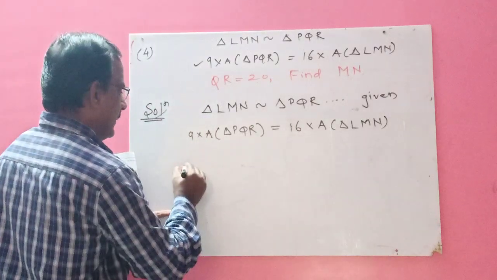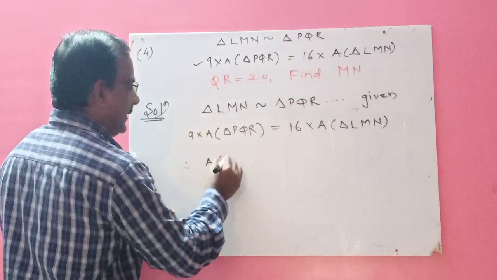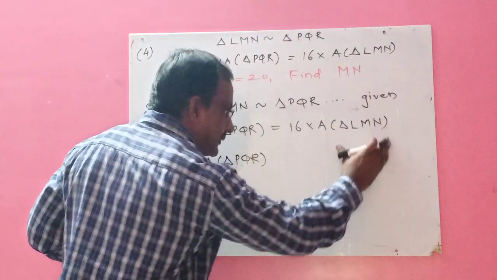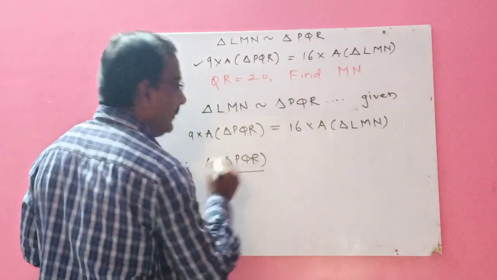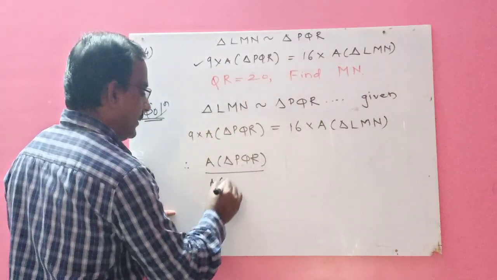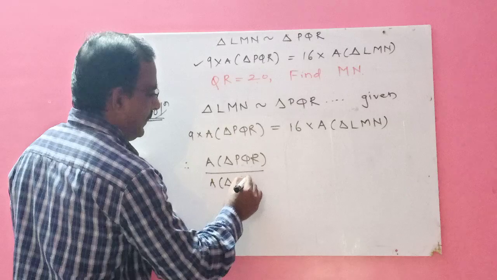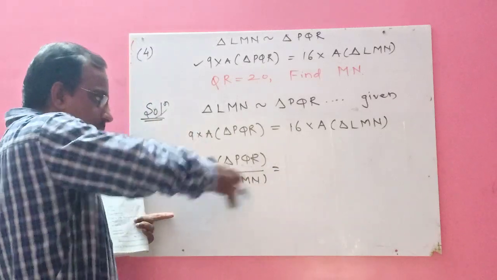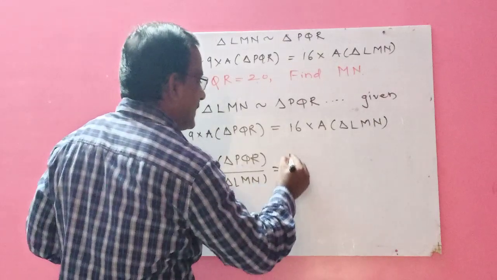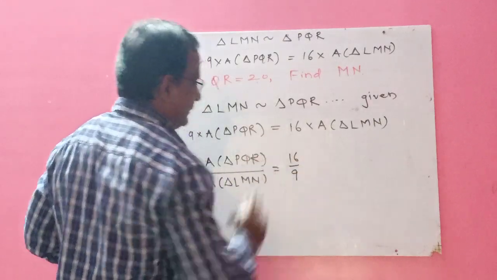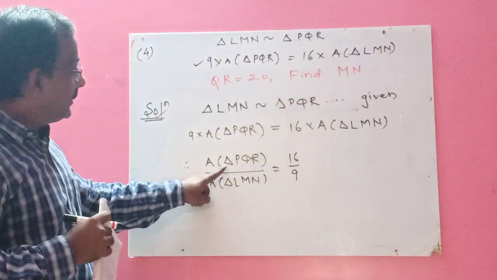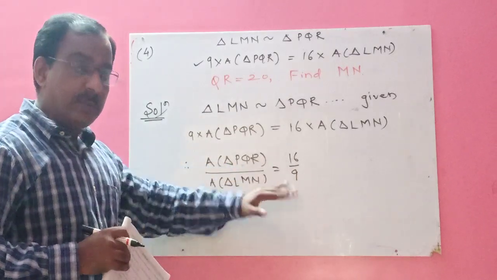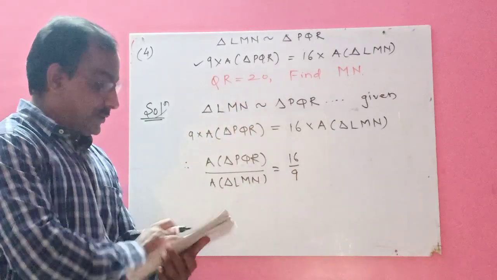That means, therefore, area of triangle PQR, transfer this one this side, so it becomes divide, area of triangle LMN, and simultaneously you should take down 9 to that side, so it becomes 16 upon 9.